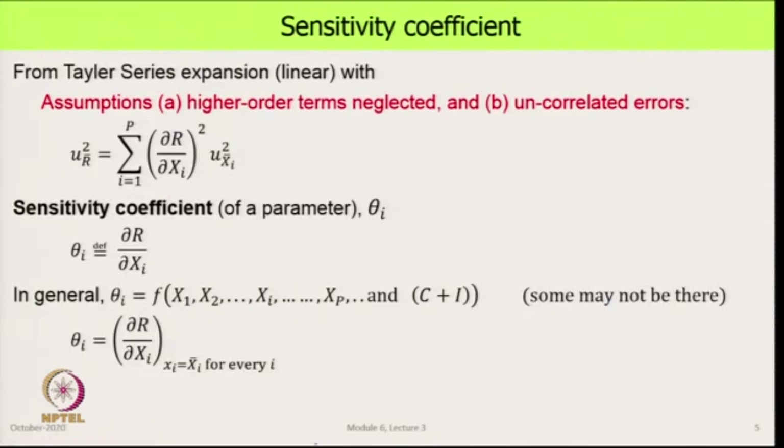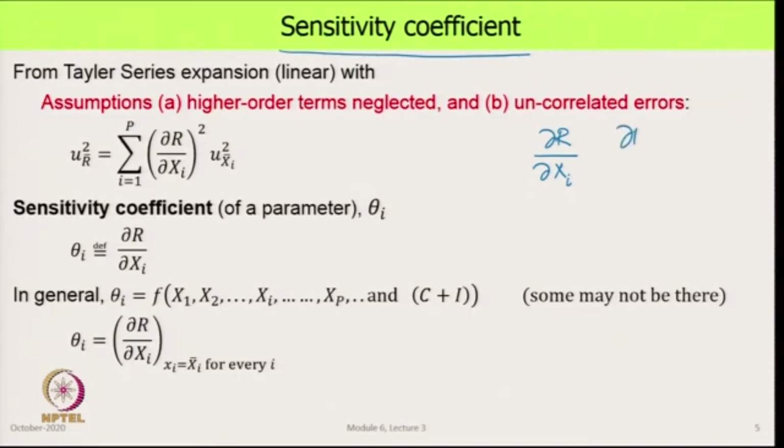And we will define a new term which is called the sensitivity coefficient. The reason for defining this is that when we looked at the Taylor series expansion, we saw that in the expansion process, if we neglect the second and higher order terms, the term that stays is dR by dXi, the partial derivative of the result with respect to each of the variables.